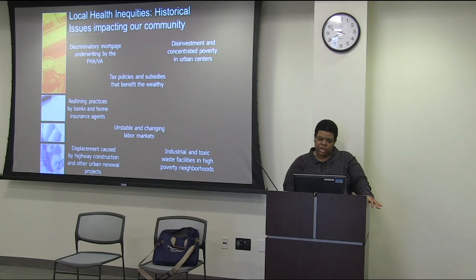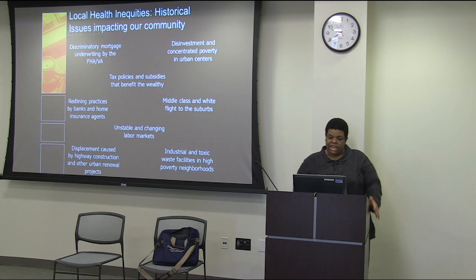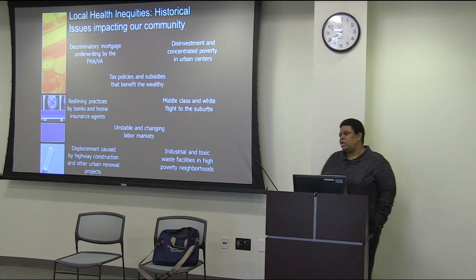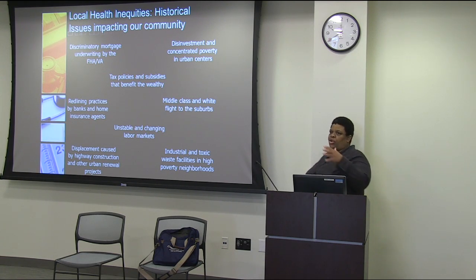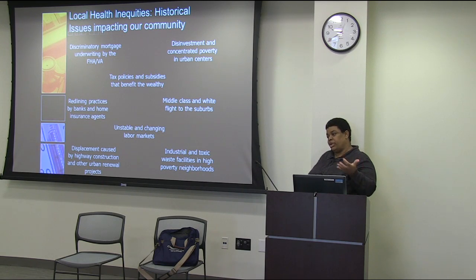So again, thinking through historical issues in our community, and there have been several, we can talk through some of these. Discriminatory mortgage underwriting by FHA and VA. This is systematic, because these organizations control whether or not you can get a mortgage, right?